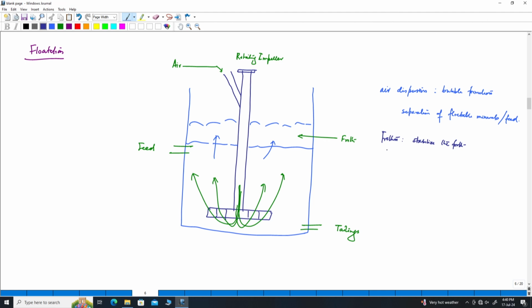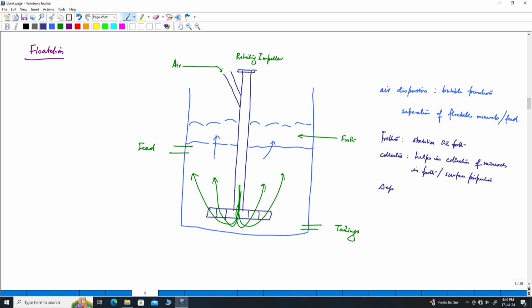We have collectors, which basically help in collection of minerals in froth by changing the surface properties.